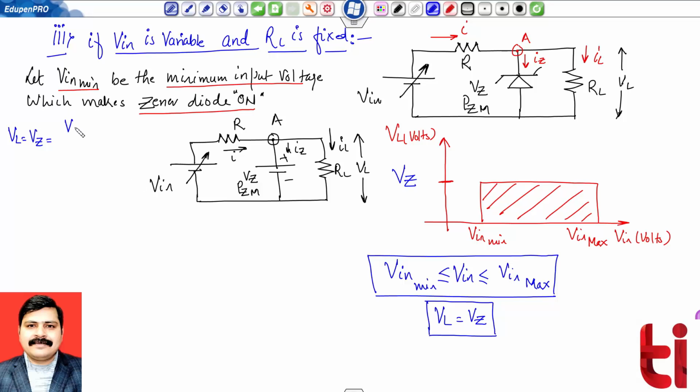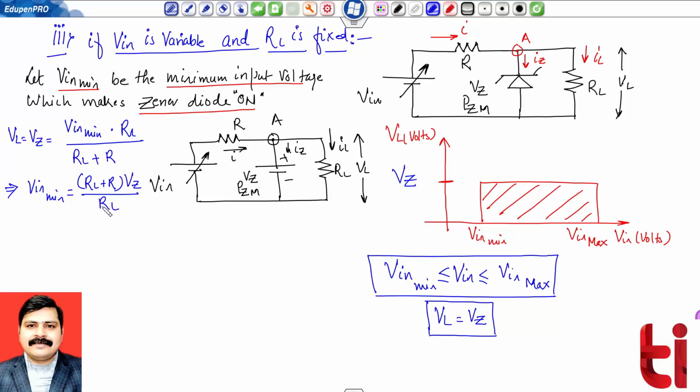So it is Vin min multiplied by the load resistance RL divided by RL plus resistance R. Therefore Vin min should be equal to RL plus R multiplied by VZ divided by RL. So Vin min I have calculated.